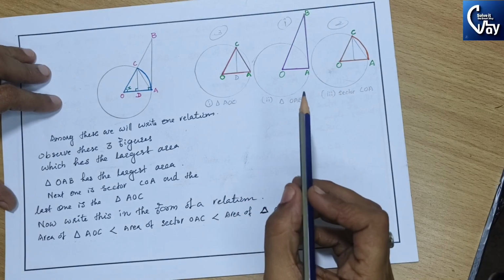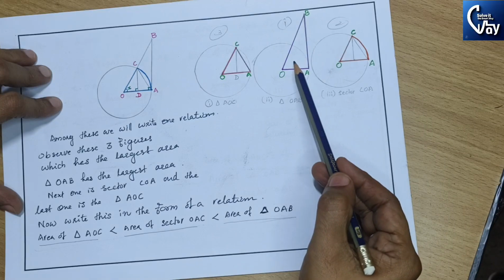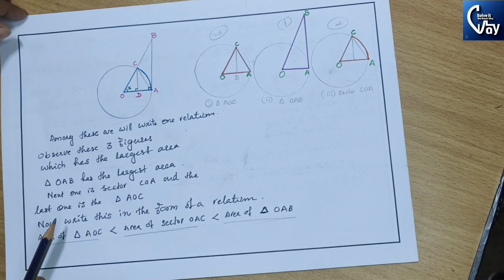Now write this in the form of a relation: area of triangle AOC is less than area of sector OAC is less than area of triangle OAB. This is the relation between these three figures. Is it clear?